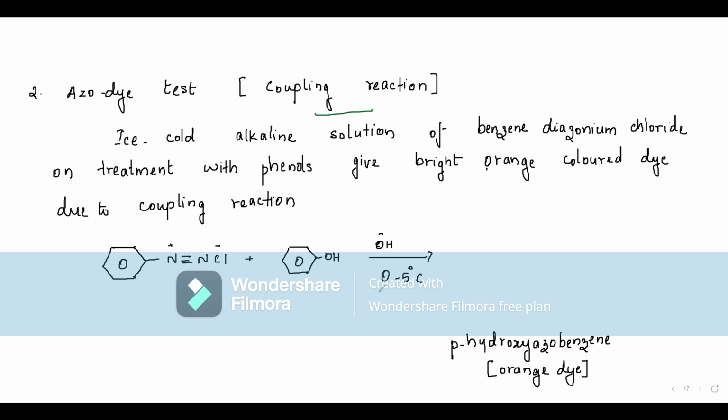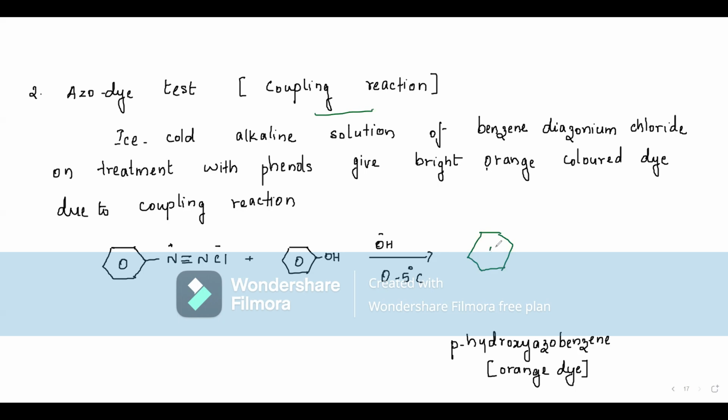An ice cold alkaline solution of benzene diazonium chloride, on treatment with phenol, gives a bright orange colored dye due to coupling reaction.